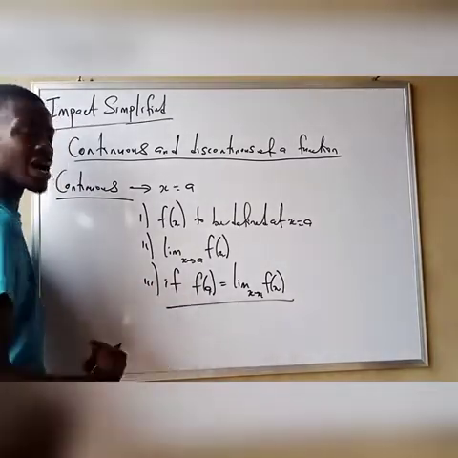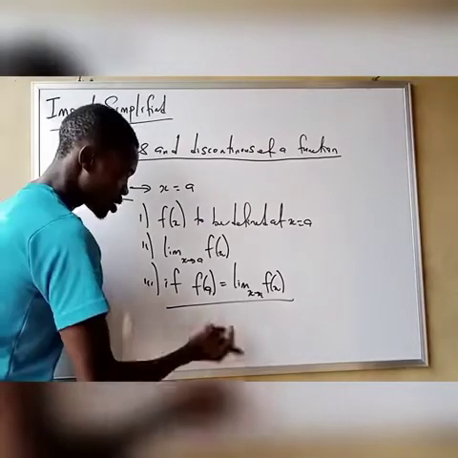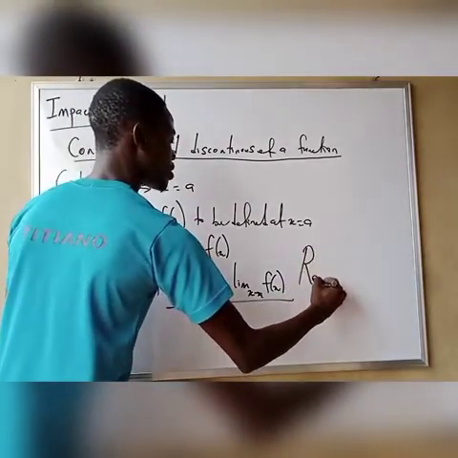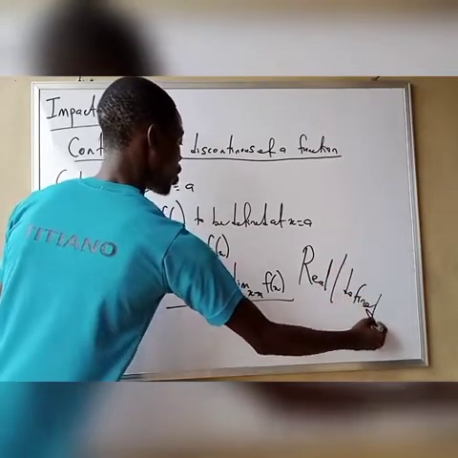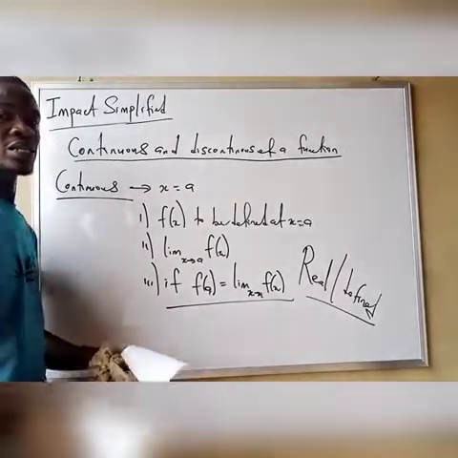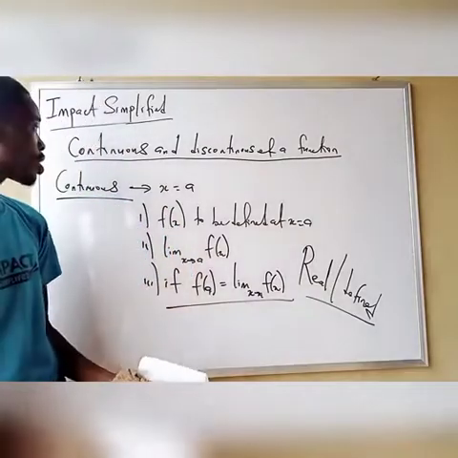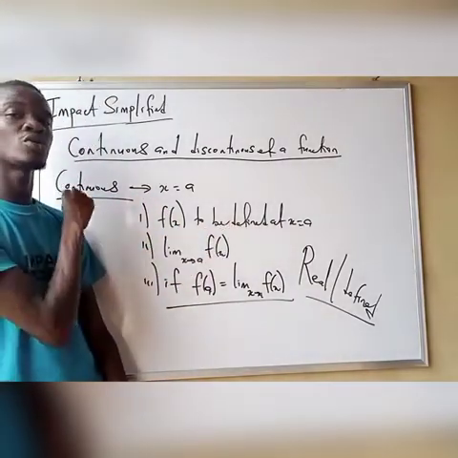And if they are not the same, that means the function is discontinuous. And we need to know that for a function to be continuous, it must be real or defined. That means if we are having an undefined answer, that makes the function discontinuous. Do we get that?